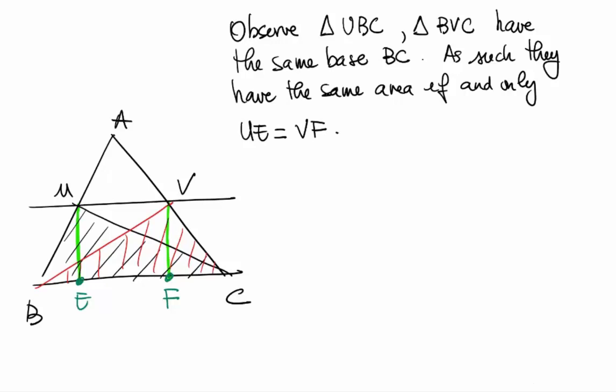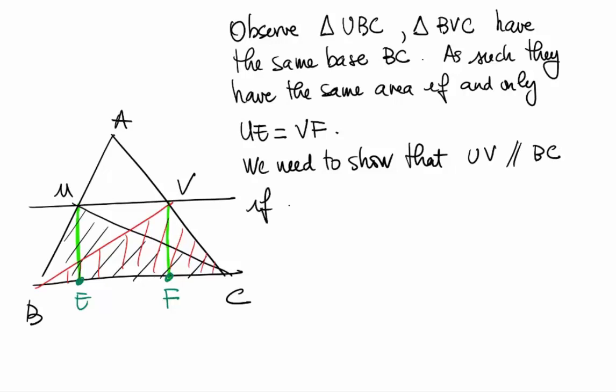And we can again reformulate the problem into the following. We need to show that UV is parallel to BC if and only if UE is equal to VF.